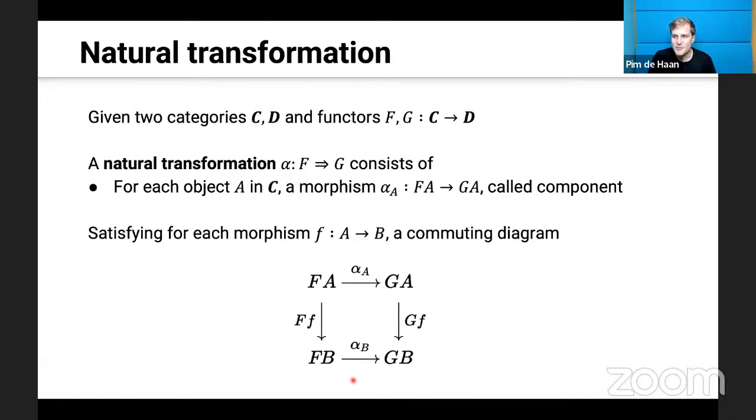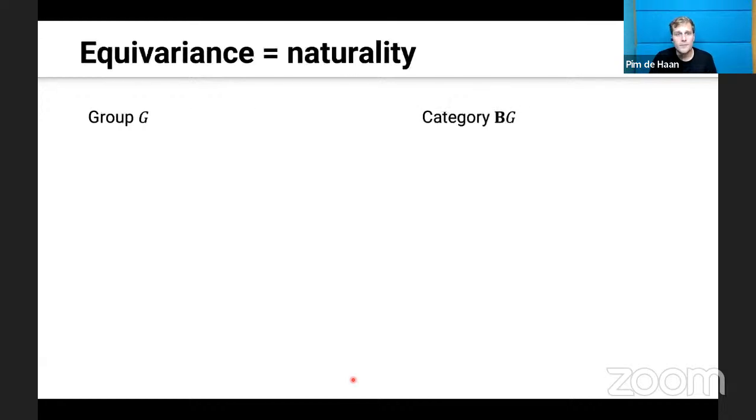I hope to make clear to you that this is a very useful concept with many instances. First of all, I'd like to show you that equivariance is just an instance of naturality. So we can think of a group G as a category, BG.